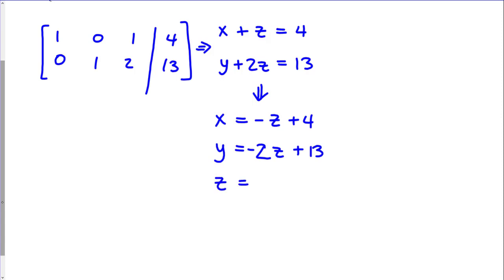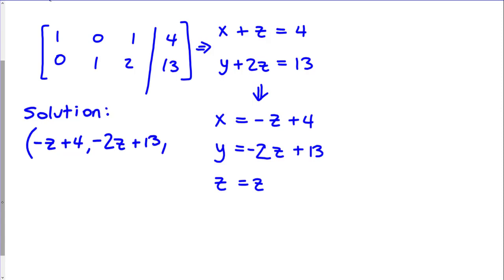And that leaves z to just be equal to z, so that my parameterized solution now appears as x is -z plus 4, y is -2z plus 13, and z is equal to z.